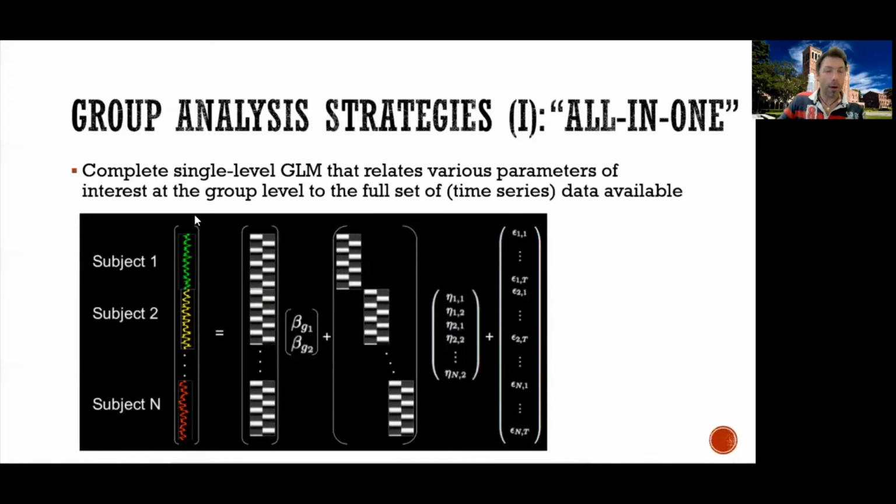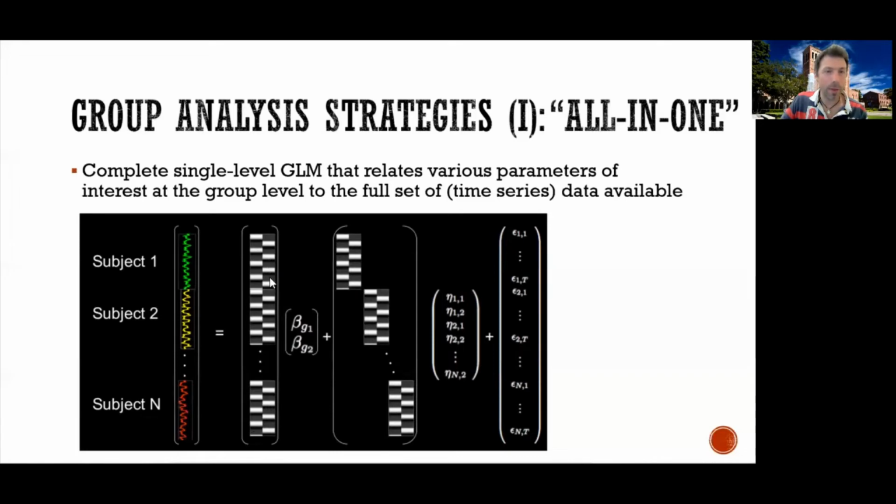So again, our dependent variable y is just that we concatenate all of the data. And then instead of having just the 1, 1, 1, 1, 1, the average effect across everybody, this is our group level design, XG. Again, this could be healthy volunteer, patient, healthy volunteer, patient.